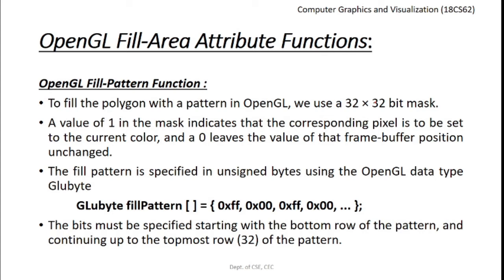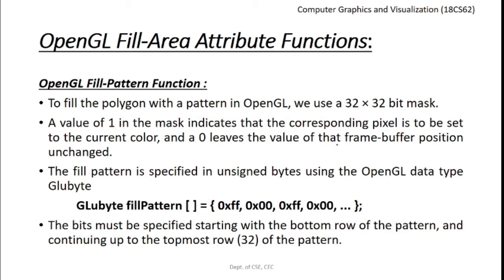So we basically create a 32 by 32 unsigned bit array, and wherever there is a change of bit value to 1, it indicates that the corresponding pixel should be set to a given color, or else retain it as it is. The fill pattern is specified in unsigned bytes using the OpenGL data type GLubyte.